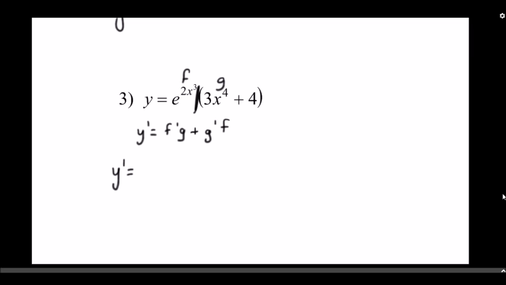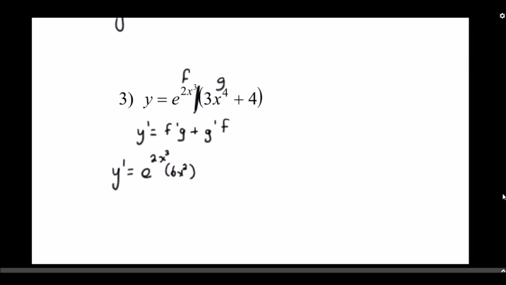So f prime is the derivative of this exponential piece of the function, and the derivative of an exponential is that exponential. So it's e to the 2x cubed times u prime, so that's going to be 6x squared. So that's f prime.